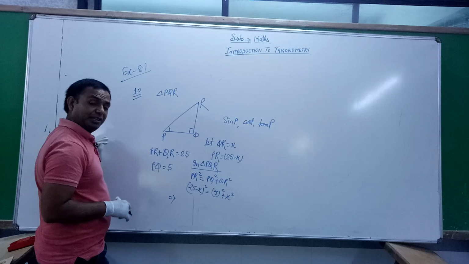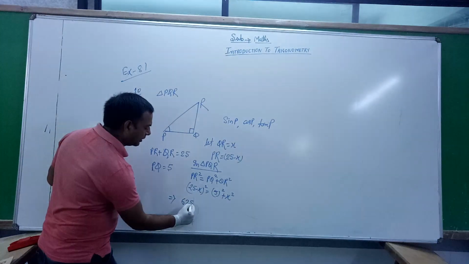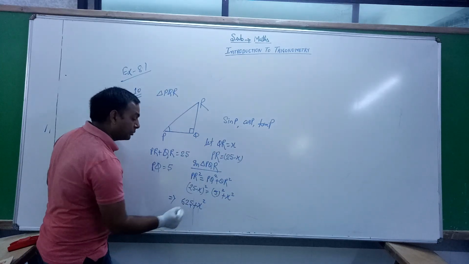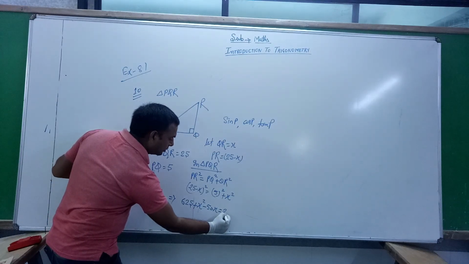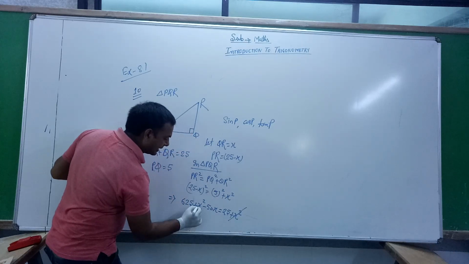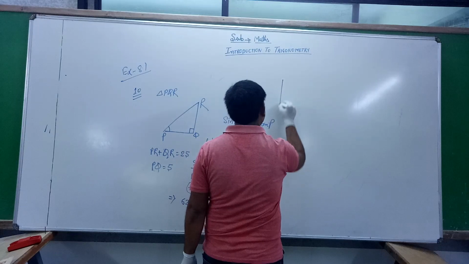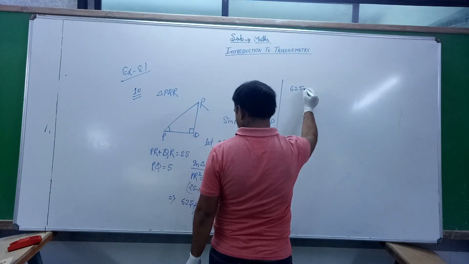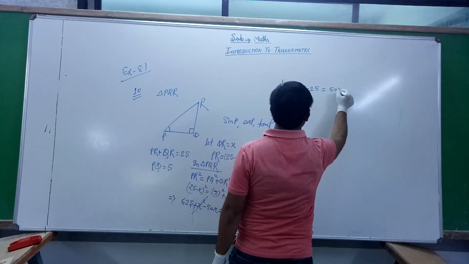Apply the a minus b whole square formula. A square means 625, 25 square, minus 50x, that is equal to 25 plus x square. x square is cancelled by x square. So 625 minus 25 is equal to 50x.